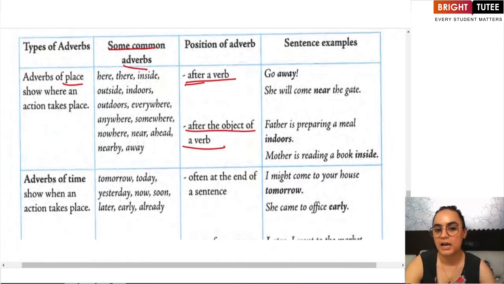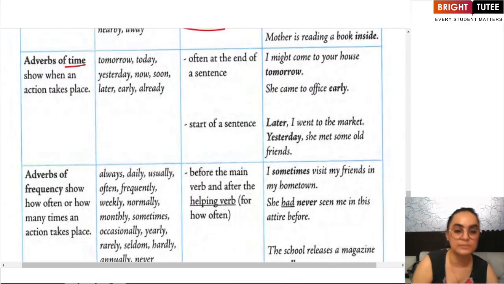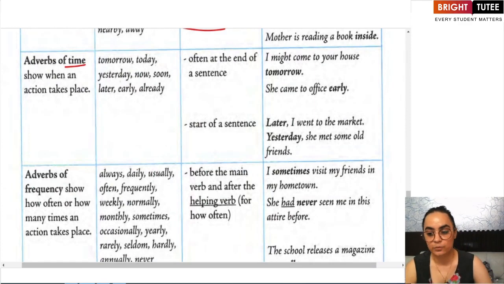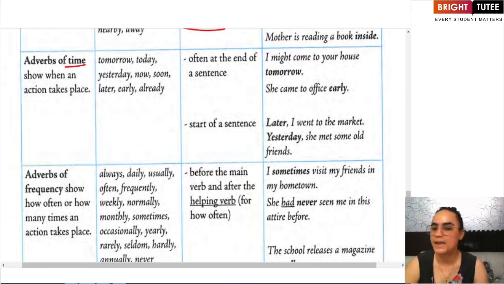The second type of adverb is the adverb of time. As the name suggests, those adverbs which talk about when an action takes place are adverbs of time. Words such as tomorrow, today, yesterday, tomorrow evening, last week, last month, early, already, soon, late, and so forth are the adverbs of time.